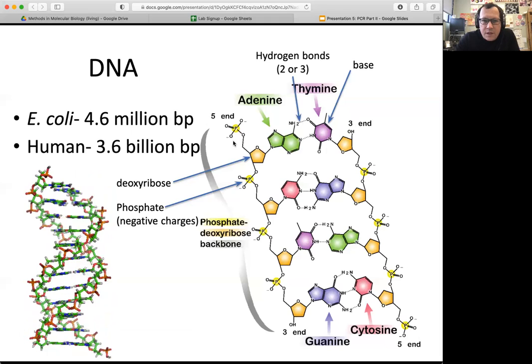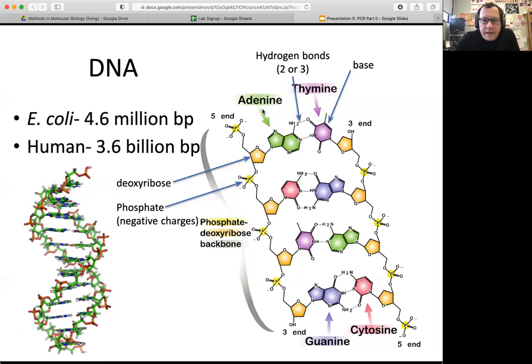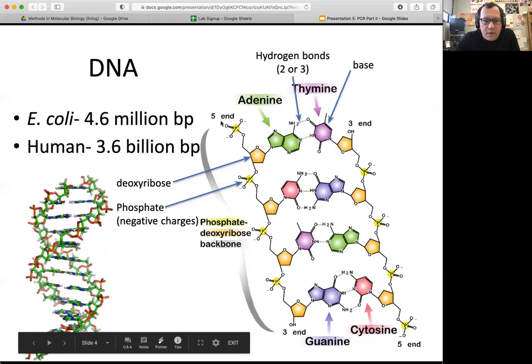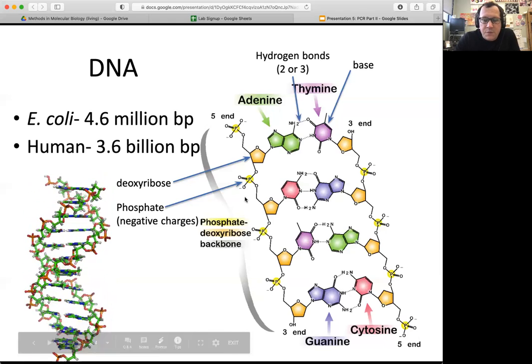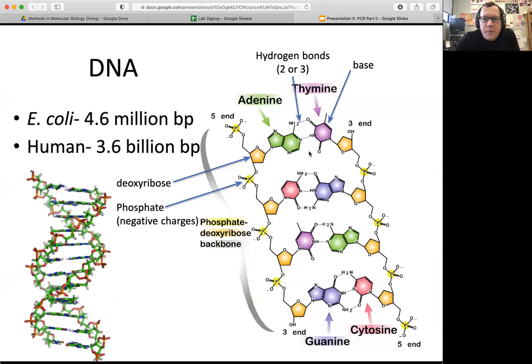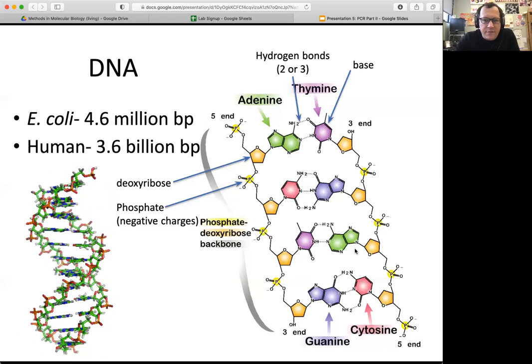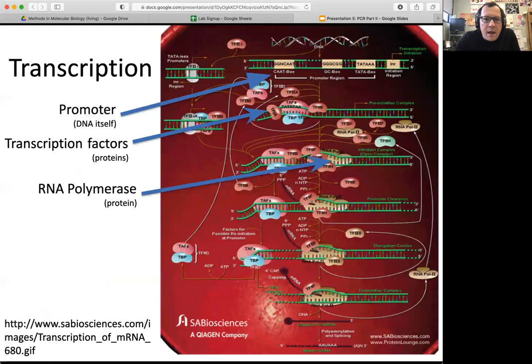Again, the RNA is always going to be in the 5' to 3' orientation when we're working with it, and that's what life winds up using. So the transcription has to be read off of a 3' strand.